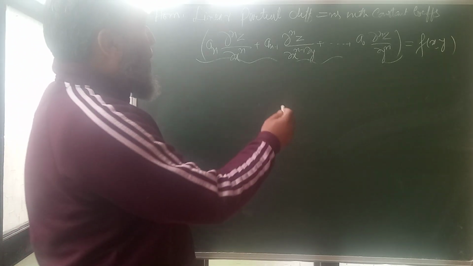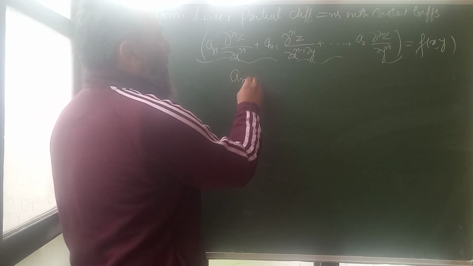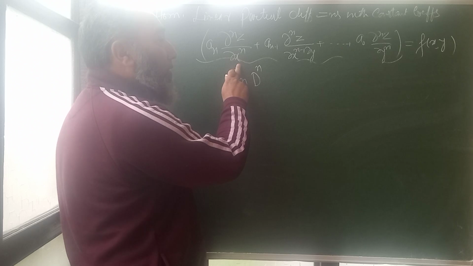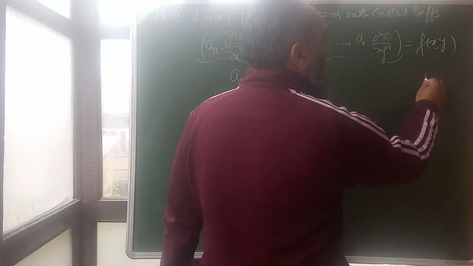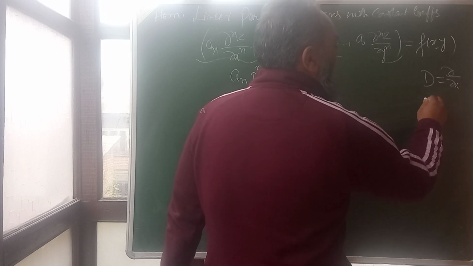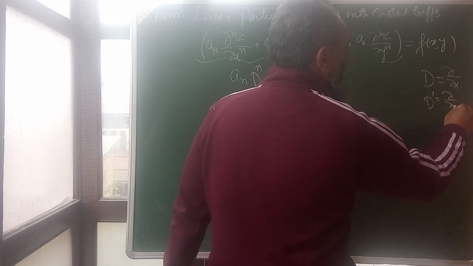This is symbolically written as a_n, nth derivative. This is the partial derivative with respect to x. Remember it once for all. We write D here, it is del by del x, and D dash is del by del y.